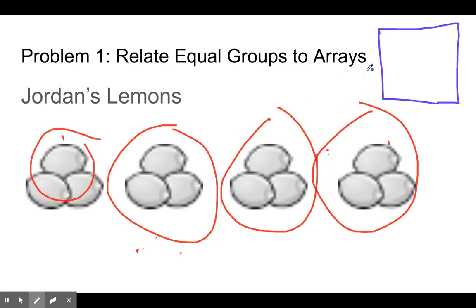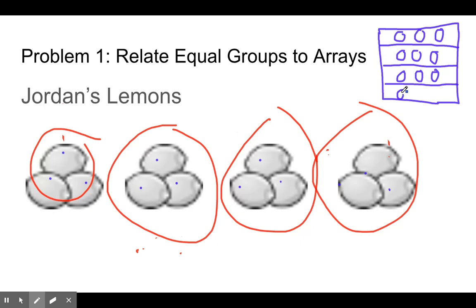I have 4 groups, so I'm going to split my array into 4 rows, just like this. And how many lemons are in each group? 1, 2, 3. All right, so I'm drawing my 3 lemons in each row.